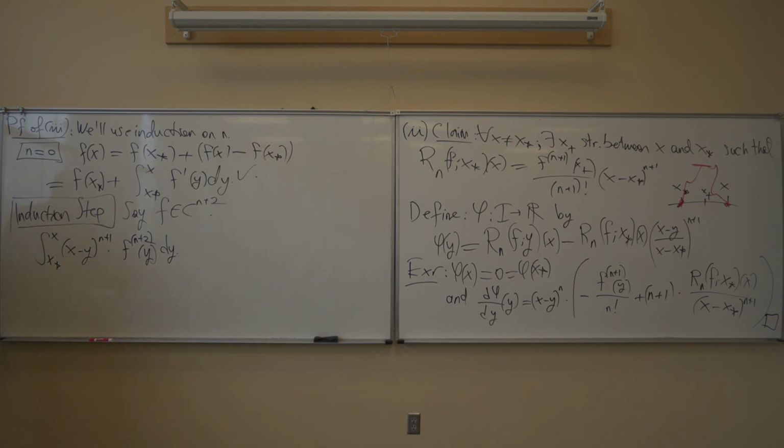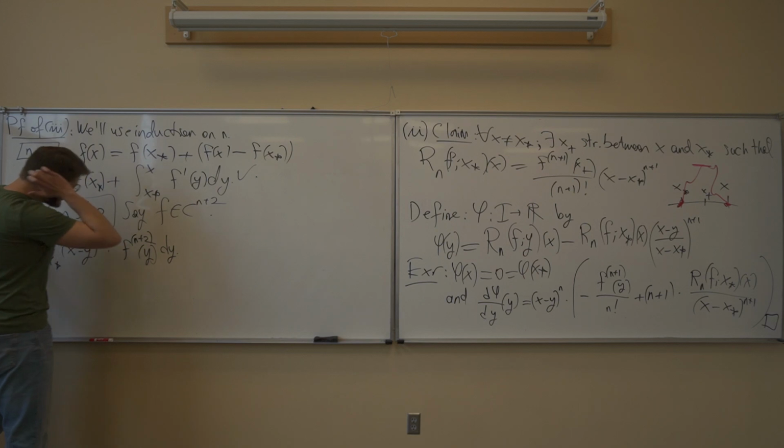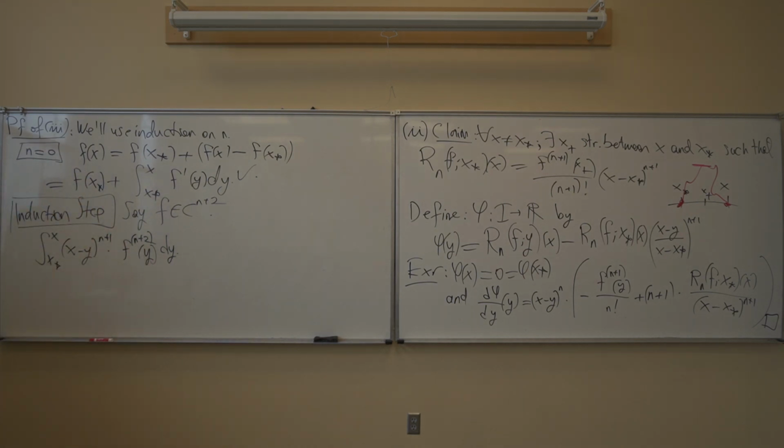Yes. So somehow I want to relate this to the same expression, but with exponents one less. And ultimately for this, there's pretty much one thing I can use, which is integration by parts.